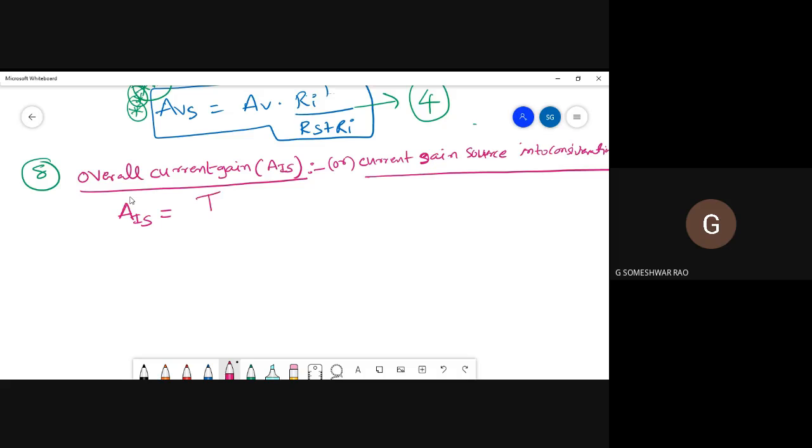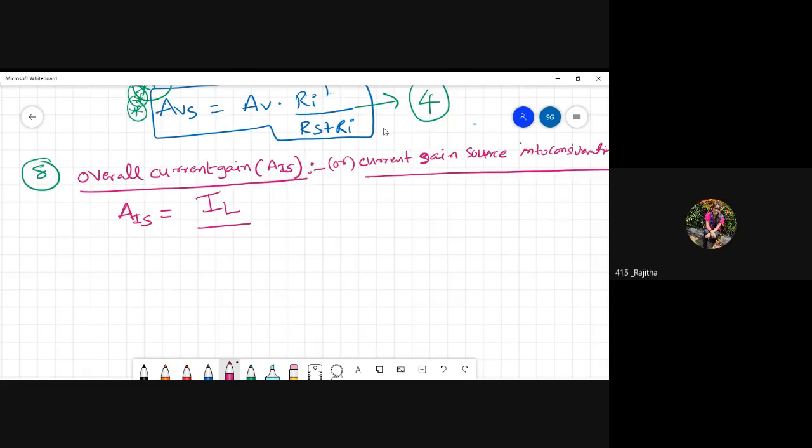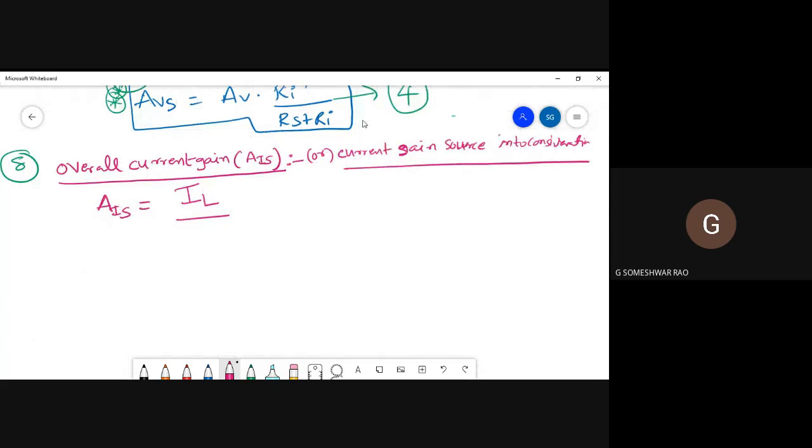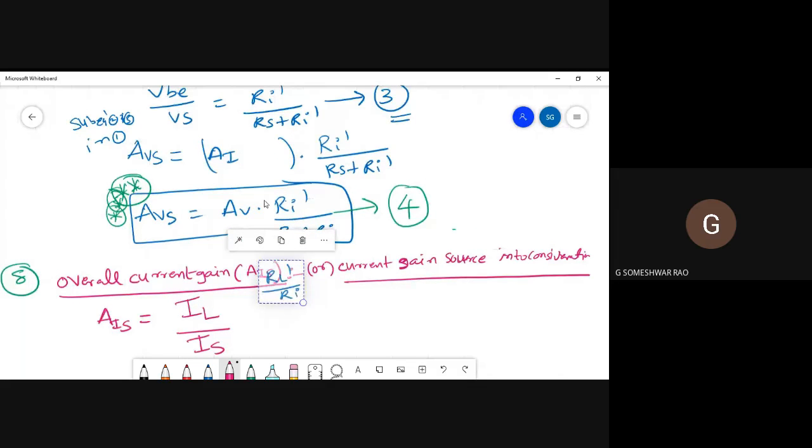What is output current? We know that IL. What might be the input current when source is into consideration? IS. Very good. సో మనం సోర్స్ ఎప్పుడైతే కన్సిడర్ చేసామో, ఐఎస్ అనే కరెంట్ ఫ్లో అవుతుంది అనుకోవాలి.